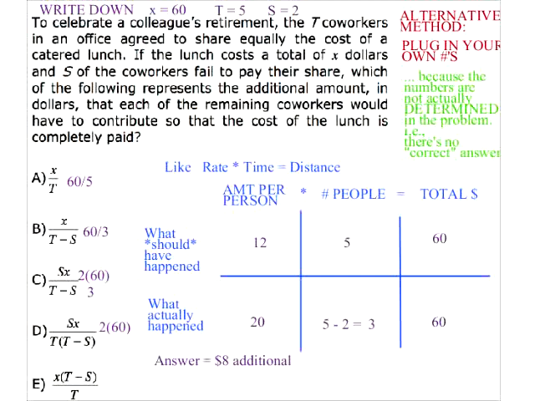This is 2 times 60 over 5 times 3. That's 8. That's the answer we want. Remember, you have to keep going and make sure that nothing else works. So this would be 60 times 3 over 5, which is a very large number. That's not 8. So you can also plug in your own.